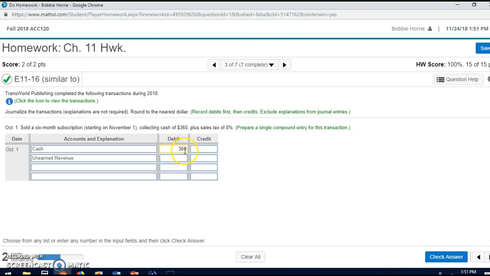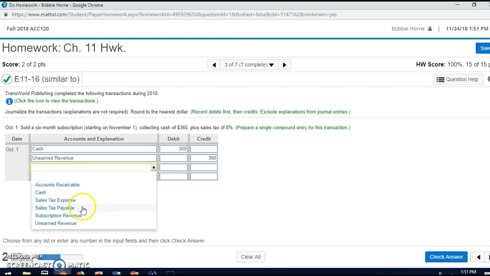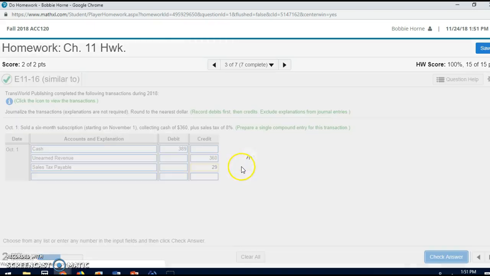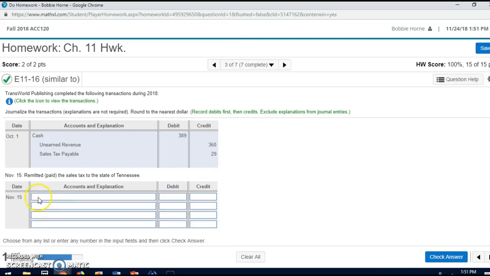So $29, so $389. Unearned revenue is for $360, and sales tax payable is for $29. Then we pay the sales tax, so we would debit sales tax payable and credit cash for $29.